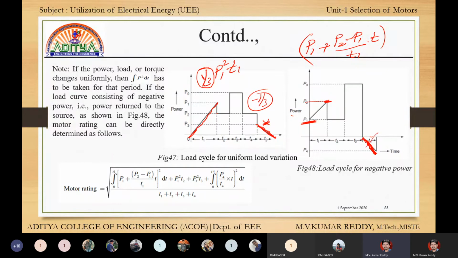For this one we have to apply T4 into T by T4 square, that is PT by Tn whole square. This is the formula, and this is the main difference between these two graphs.